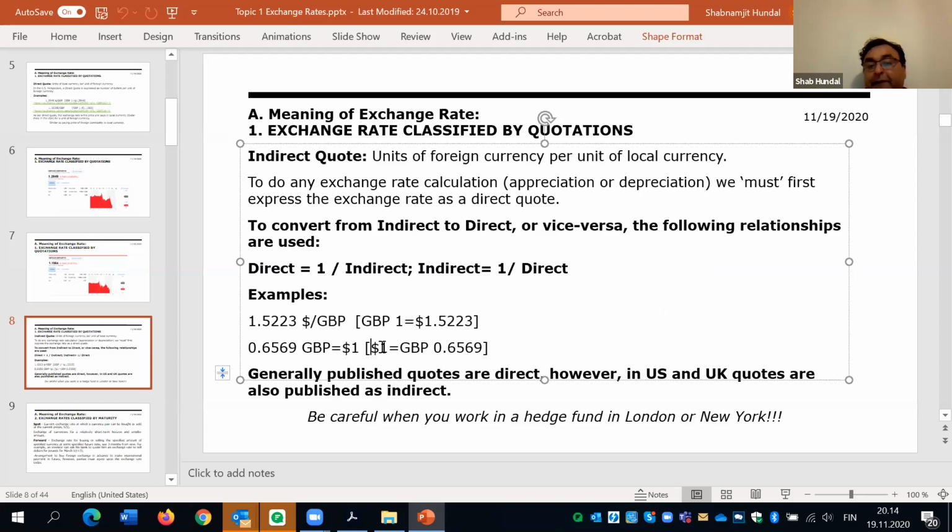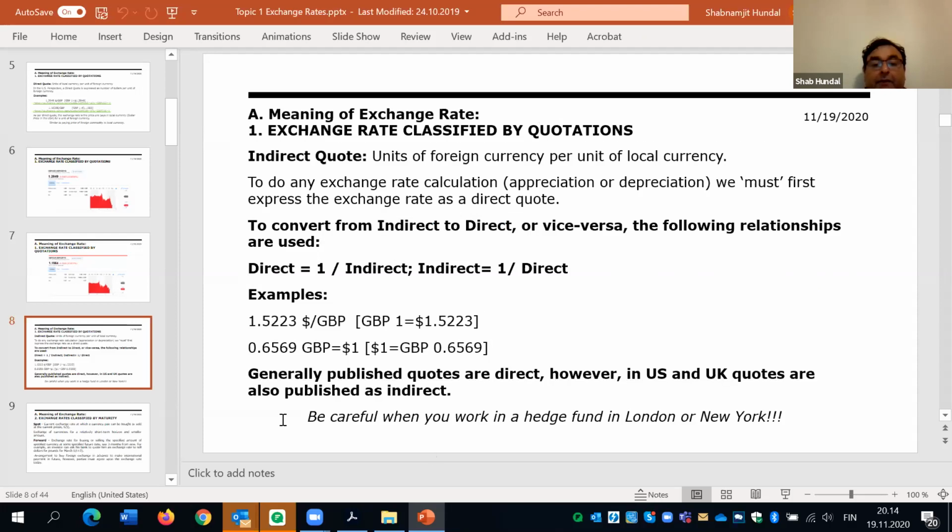This is perfectly fine if you are in London or any part of Britain, but not if you are in the United States of America. But the good news is that it's not a problem. If I divide 1 by 0.6569, you will have this value, because you can find the direct quote by dividing 1 by the indirect quote value. And there we go.